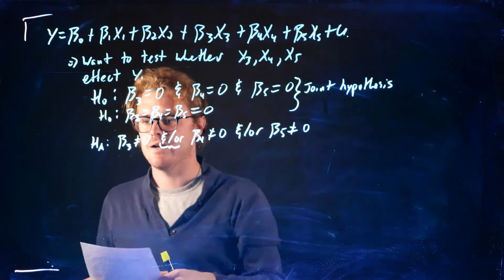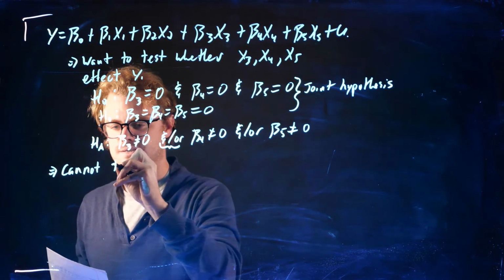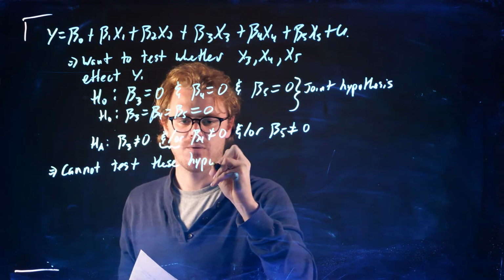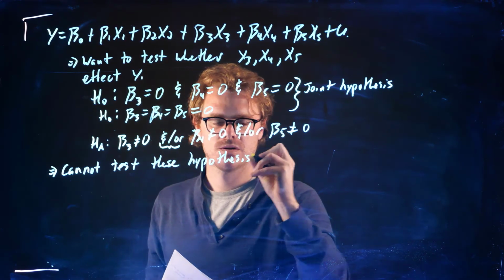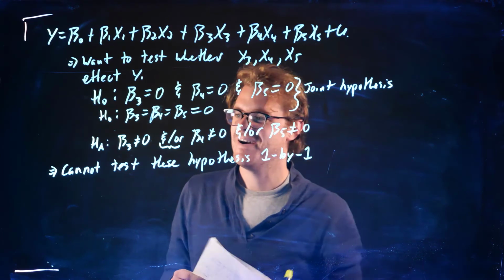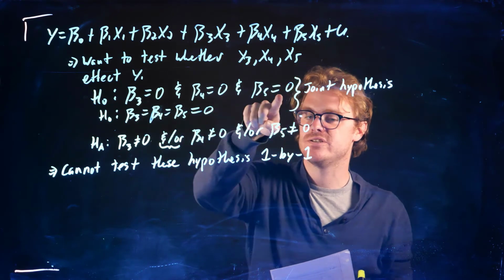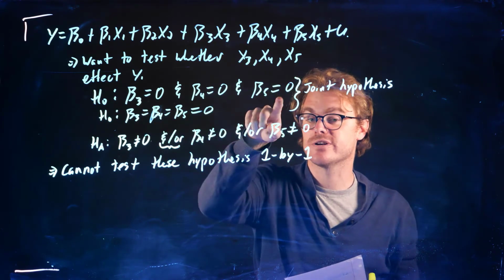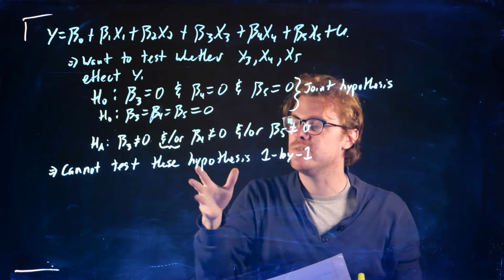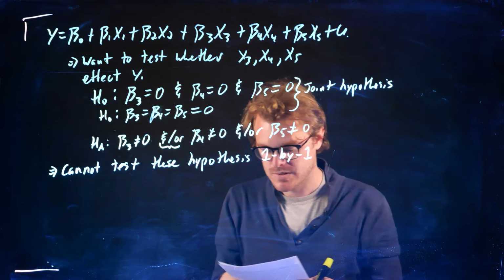So the key here is that we cannot test these hypotheses one by one. So we can't run a t-test on each of these three restrictions individually and make a conclusion. We can't do that. The results of that test will not be reliable.